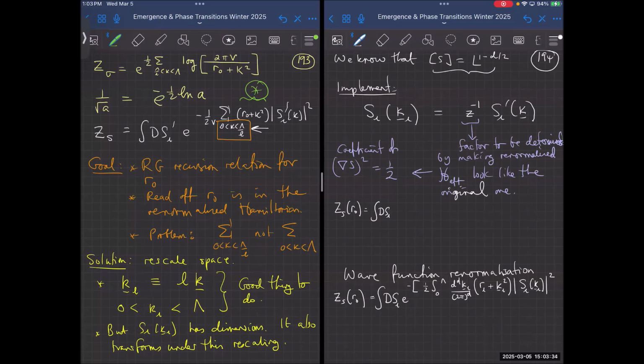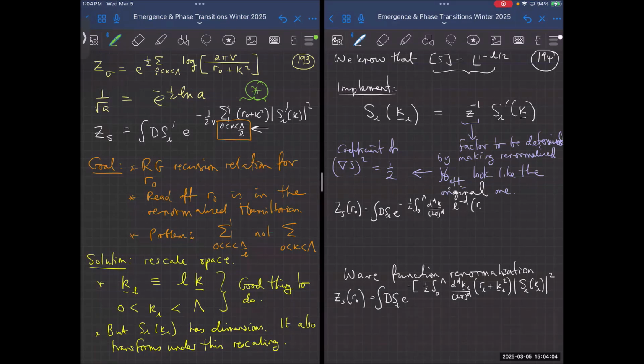So I have integral dS, and then e to the minus 1/2, integral from 0 to lambda, d^d k over 2 pi to the d. Then now I've changed k by a factor of L. So I've got a factor of L to the minus d that comes from the measure, from the d^d k.